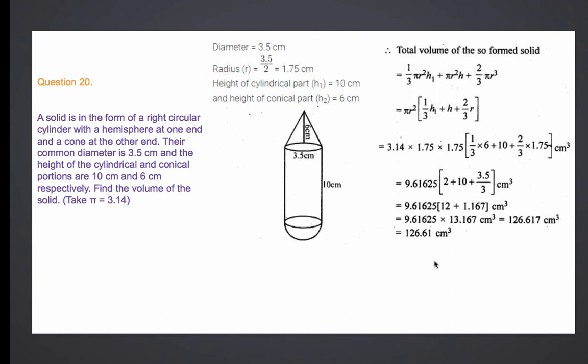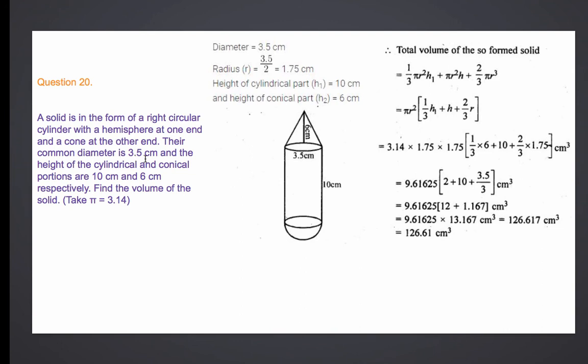What does it say? A solid is in the form of a right circular cylinder with a hemisphere at one end and a cone at the other end. So we have a cylindrical part with the hemispherical part at one end and a cone at the other end. This total solid figure takes this shape.